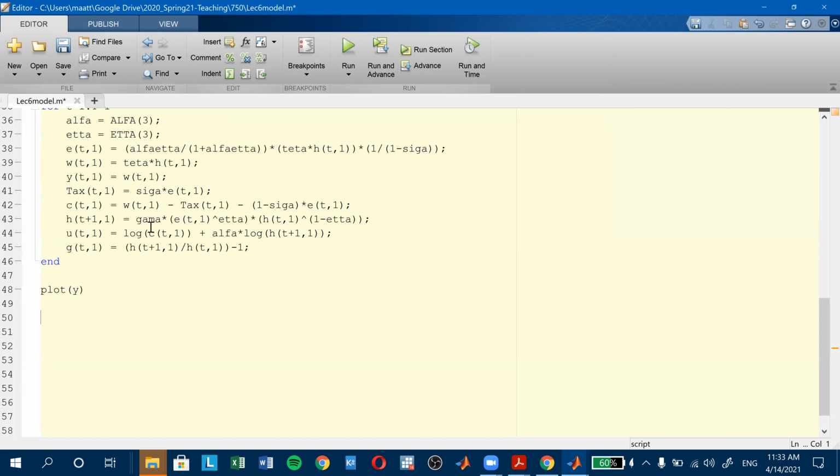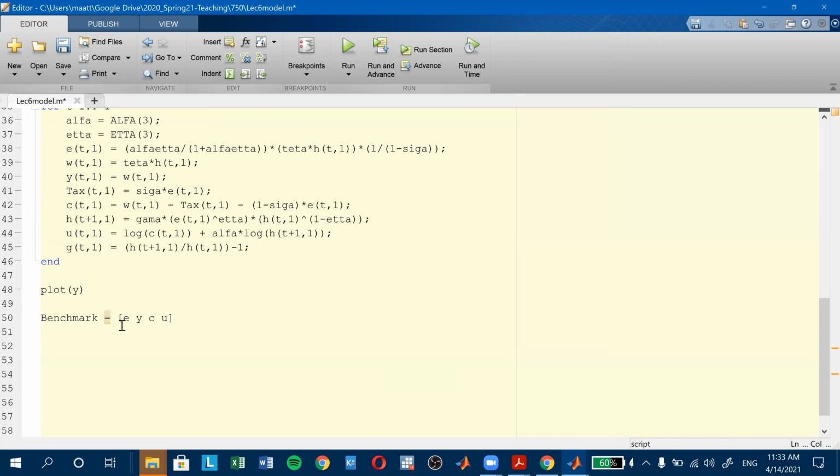How do you save it? Well, save. So first you create the variable. Let's say this is benchmark. Okay, so benchmark is equal to E by, let's say, E by CU.